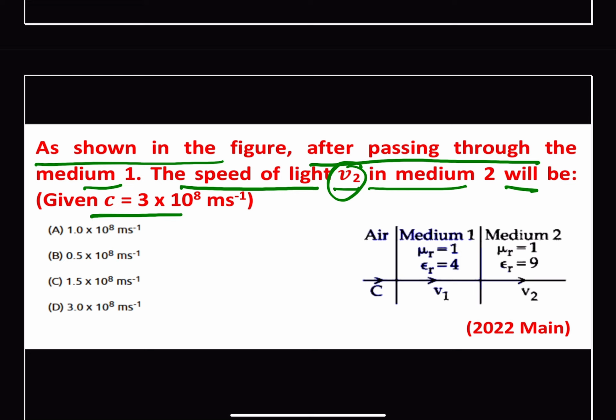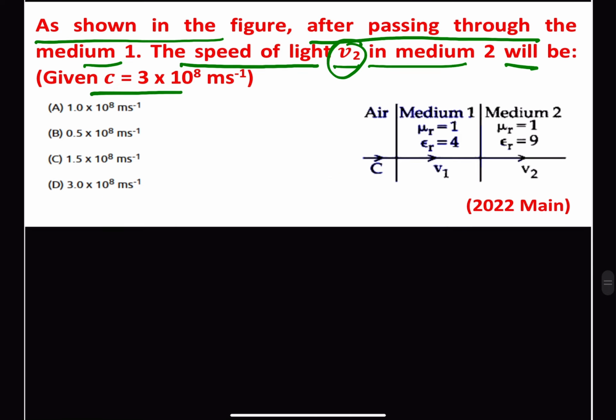Because we already know the relationship between the refractive index and the speed, and here we have the respective mediums. So for medium 2, okay, let me write the formula.